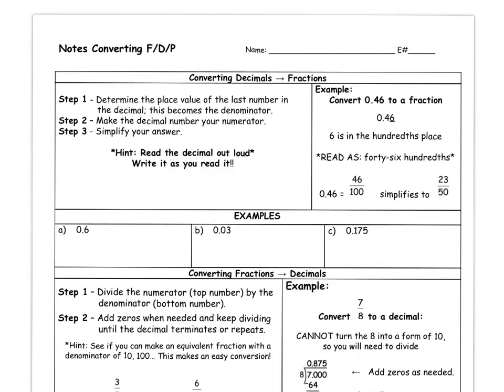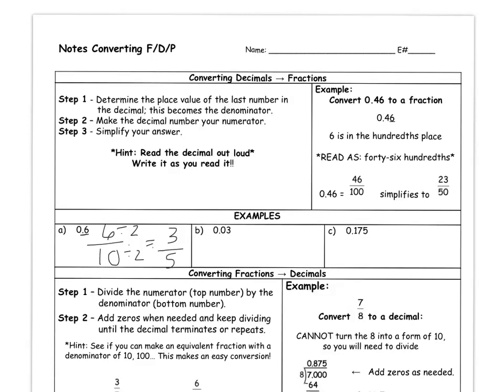So here are a few examples. Let's convert the decimals into fractions. So I'm going to read this as 6 tenths. Since 6 is in the tenths place, I'm going to put 6 over 10, and then I'm going to simplify it. So I can divide both top and bottom by 2, and my simplified fraction would be 3 over 5.